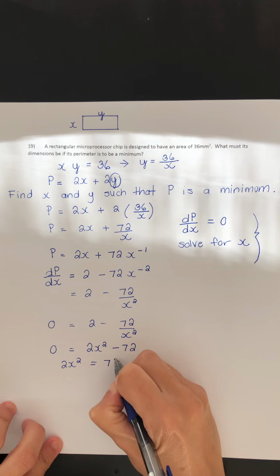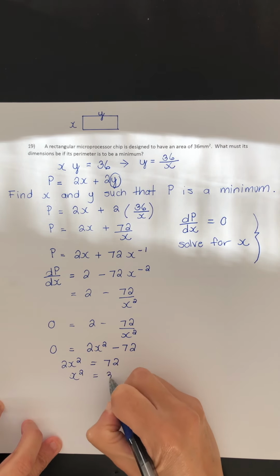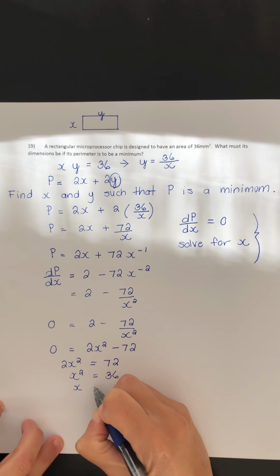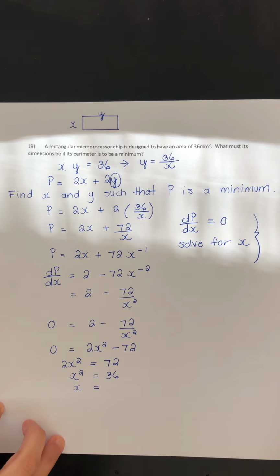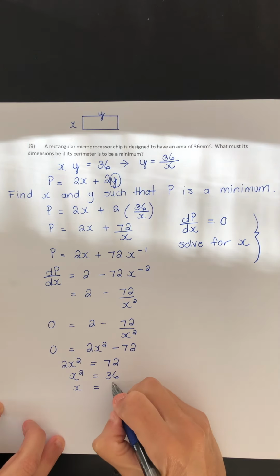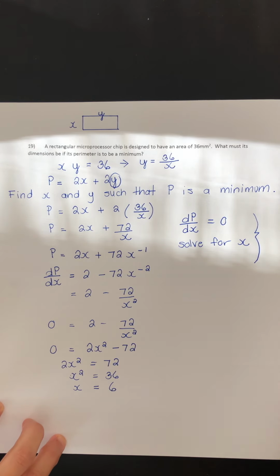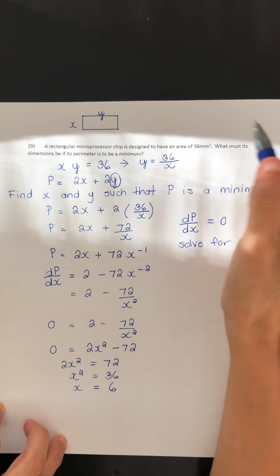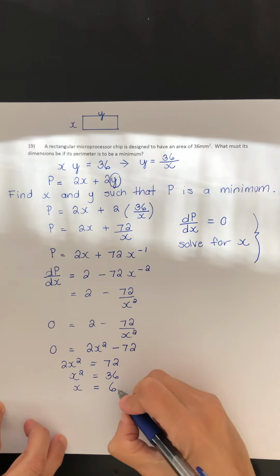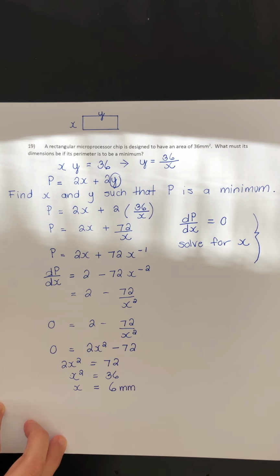It is equal to 72, which means x squared is 36. x is the square root of 36, and x is also positive, so x is 6 for this question. We do have units provided, so x would be 6 millimeters.